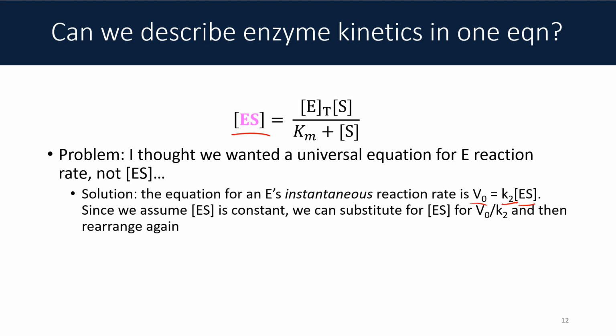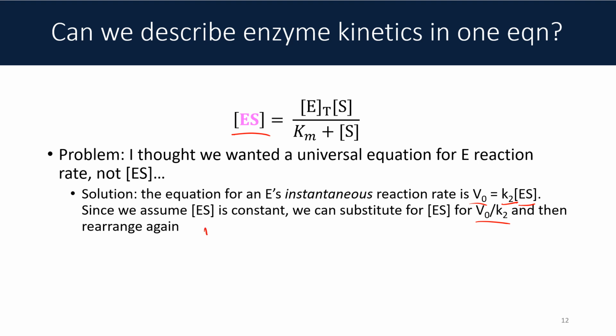We can substitute ES for V naught divided by K2, just by dividing both sides by K2. So we can insert that into this equation and rearrange again.